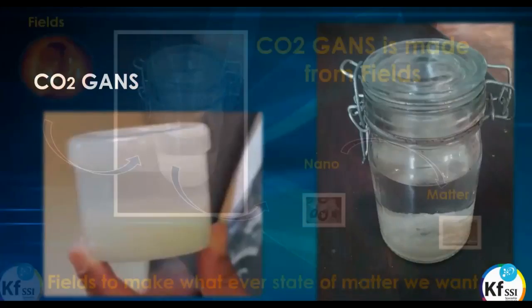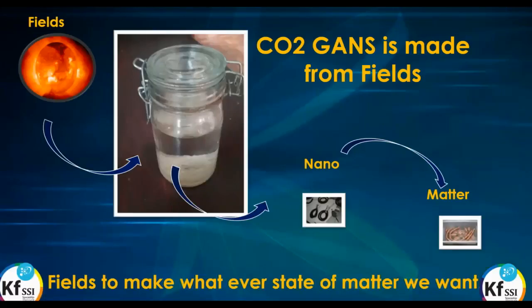So you can see what we've done is we've essentially started creating a material from the fields around us, because we created the condition within the box to attract the field strength of carbon, which comes in and interacts to create the CO2.